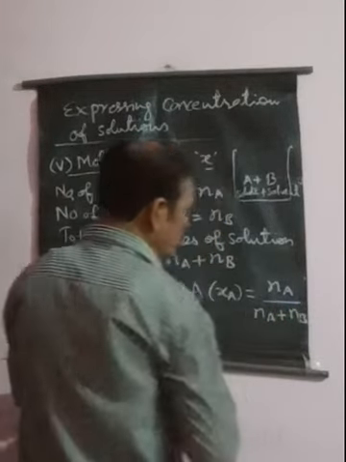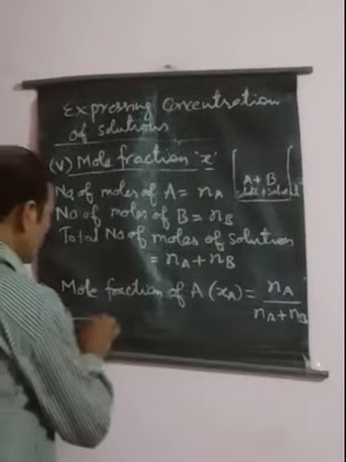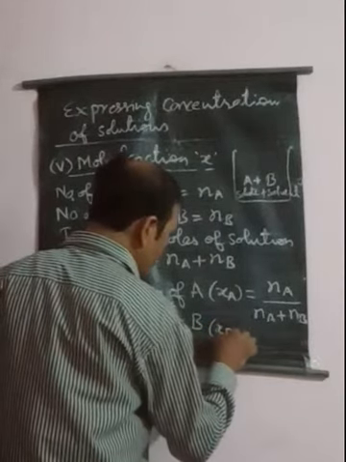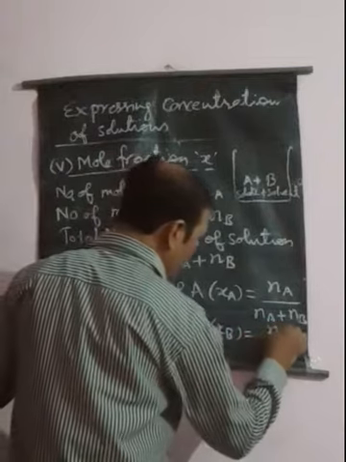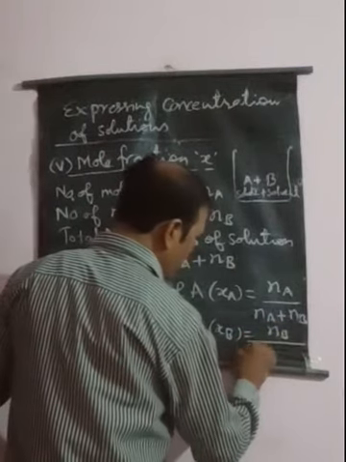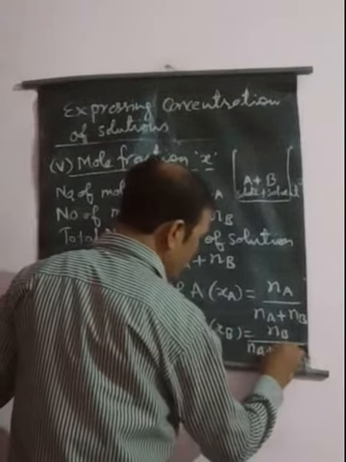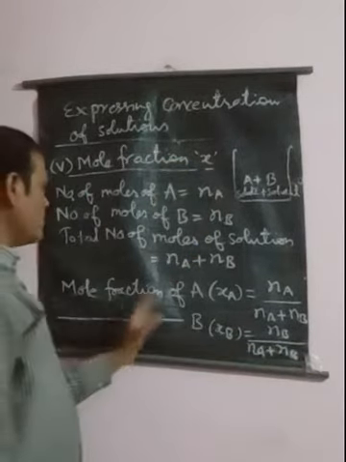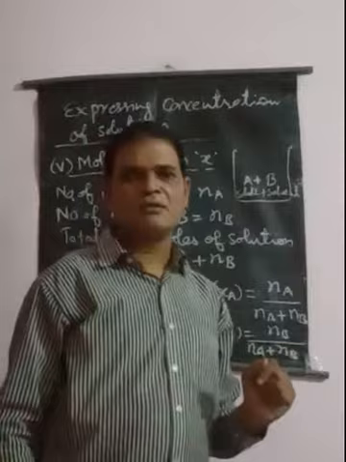Similarly, for the mole fraction of B, XB is equal to NB divided by NA plus NB. In this manner, you can find out the mole fraction of both these components.